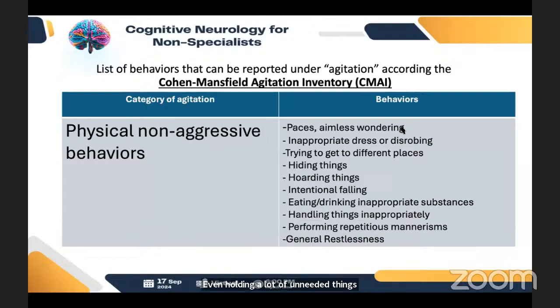Hoarding is one of the interesting things that people talk about, because it could stay on for years and increase over time. For hiding things, patients might even gather their feces and hide it, or hide food, or any kind of material things. Sometimes there are intentional falls, which could be disturbing as well. Eating and drinking inappropriately.